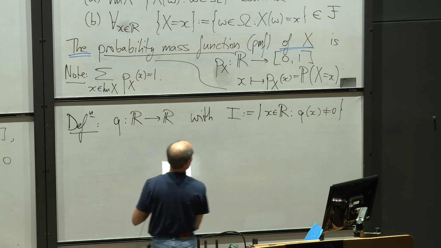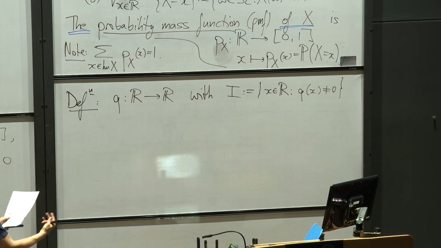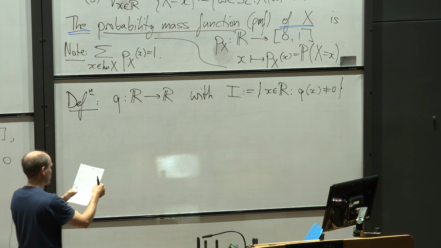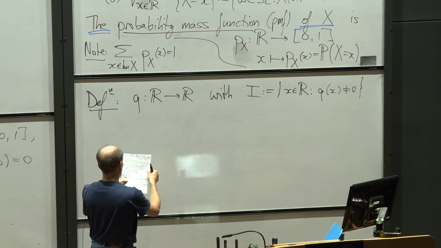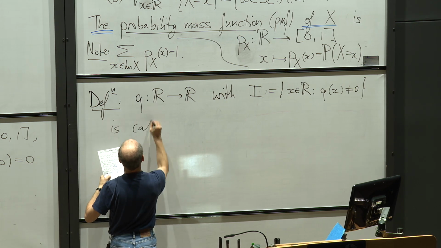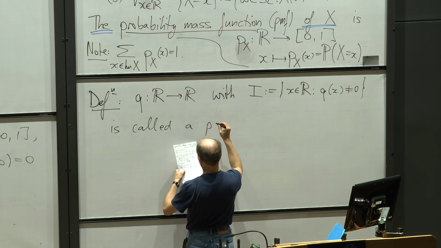That corresponds to our values where we want to assign a positive probability to the little x. Well, under what conditions is this a probability mass function? So we can say this is called a probability mass function.